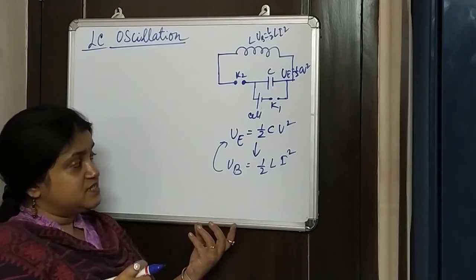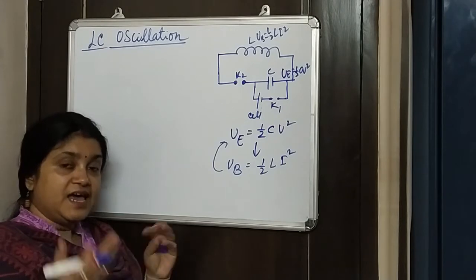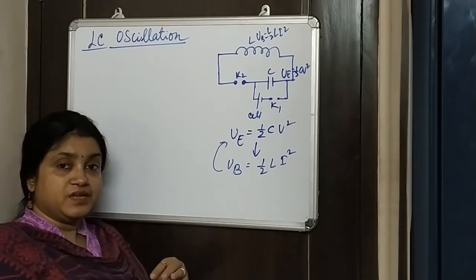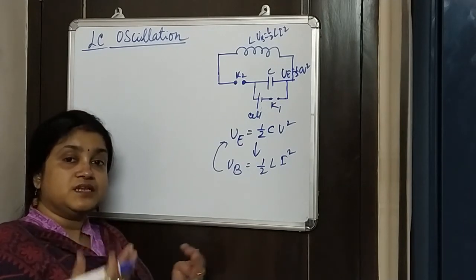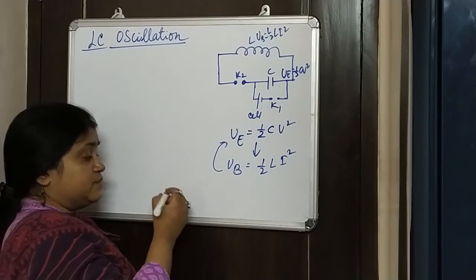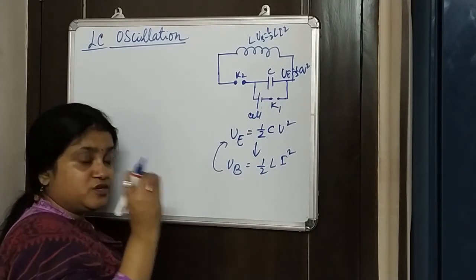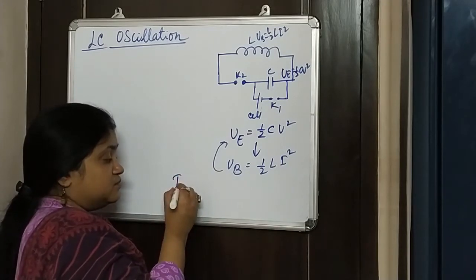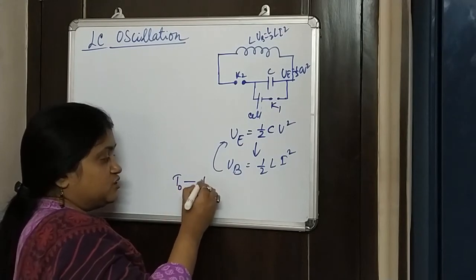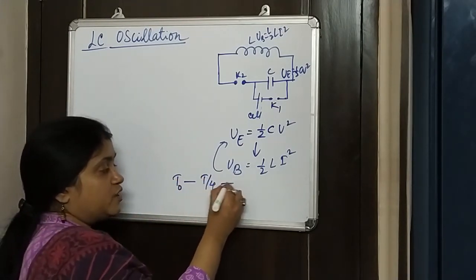What is being seen is that this kind of thing between L and C, between the inductor and the capacitor, keeps on happening, and therefore there is an oscillation going on. Suppose the time starts, and we talk about a cycle. In the first quarter of the cycle, from T0, that is from the beginning, to T by 4, what happens?